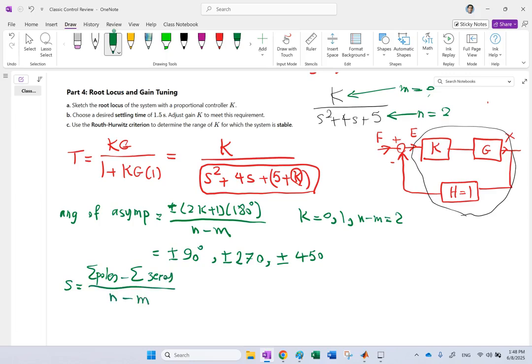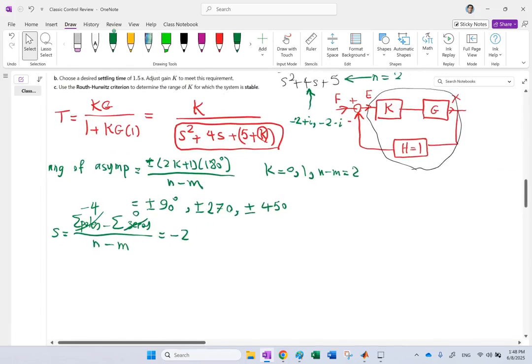If you look at this system, remember it has no zeros, and the poles of the system were at -2 plus j and -2 minus j. So the sum of the poles is going to be -4. There is no zero. n minus m is 2. So -4 divided by 2 is -2. Your asymptotes should intersect the real axis at -2.